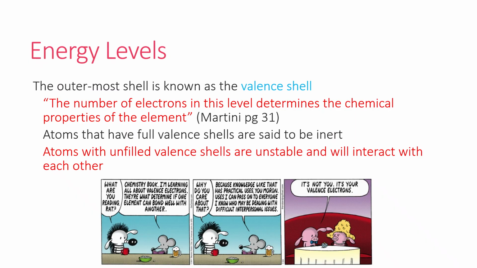For example, if you look at what we call our noble gases, on the right side of your periodic table, helium, neon, if I remember right, they are said to be inert. What this means is they have a full valence shell, and because of that, they have no need to interact with other atoms.